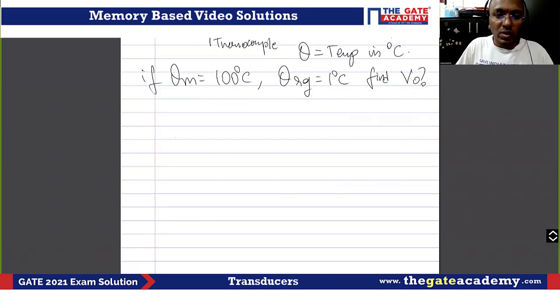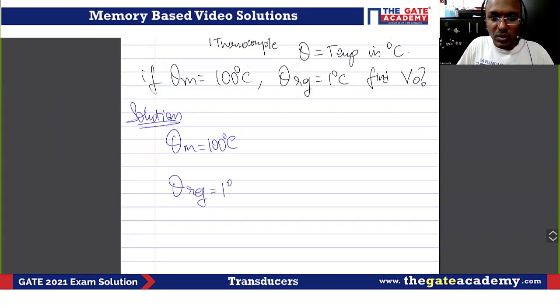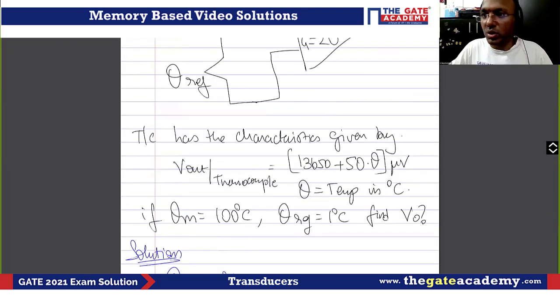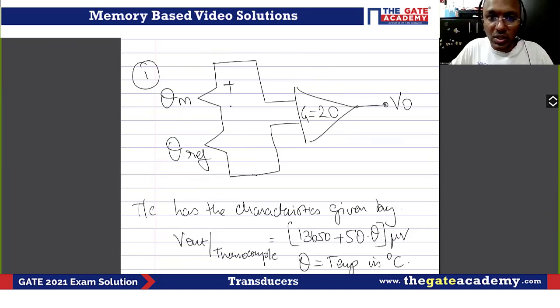So we have theta m at 100 degree centigrade, and theta reference at 1 degree centigrade. So this 100 degree centigrade is going to give you what? 13650 plus, and the polarity is also given here. That is very important. The polarity is given to you in the question itself.